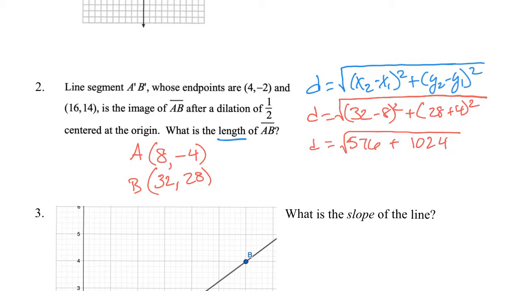So now we take the square root of 1024 plus 576, and we get 1600. And then if we take the square root of that, we get 40. So that's our answer right there. The length of AB is 40.